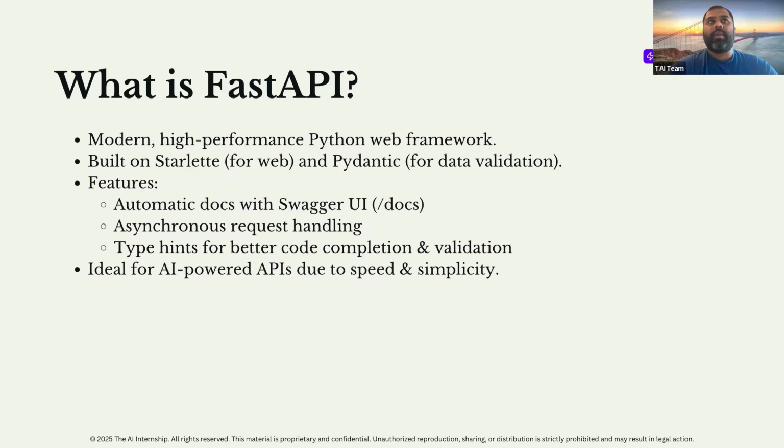So we can use that within FastAPI to make sure the data objects coming into or going out of the API are validated and have the right data structure. Those are built-in features of FastAPI.